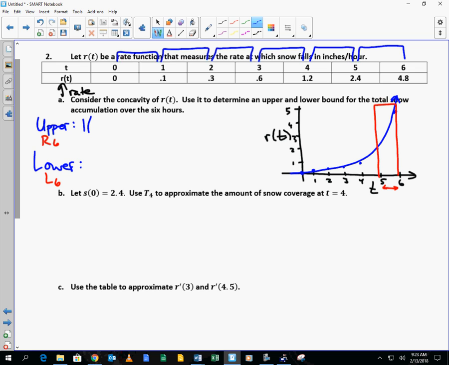And you get 0.1 plus 0.3 plus 0.6 plus 1.2 plus 2.4 plus 4.8. And I get, let's see, that gives me 1 and 1.2 is 2.2, 4.6. Did you say 9.4? 9.4 what? Inches.